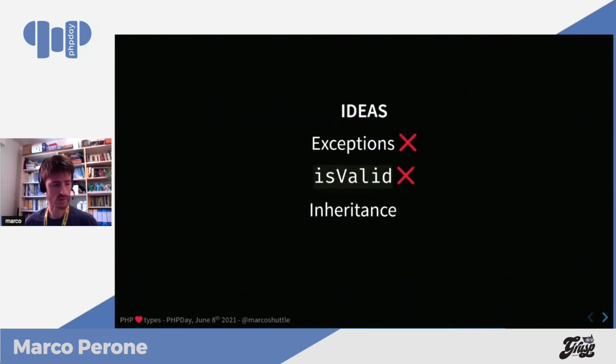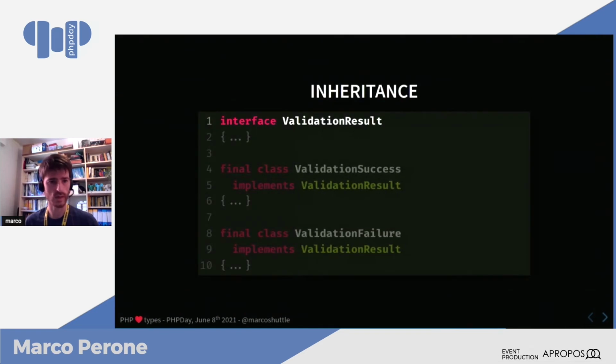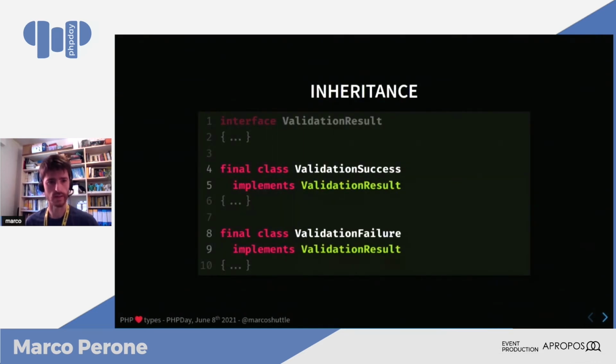Another possible option is to use inheritance. So have, for example, a validation result interface with two concrete classes implementing that interface, validation success and validation failure, describing basically the two cases that we can have. This approach allows us to say the result is only accessible in the validation success class, and the errors are only accessible in the validation failure class.